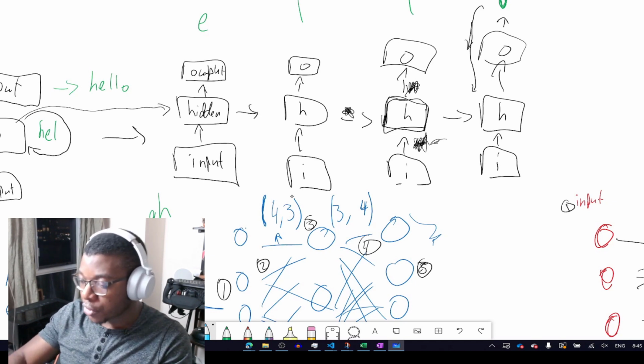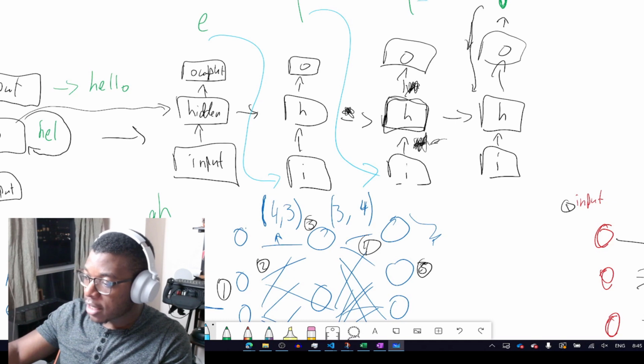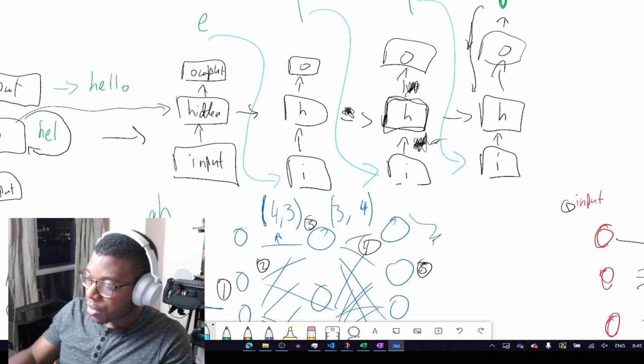So we'll come back, input it in the next time step, and hopefully we want it to output L. Then we'll do the same thing for L. We want it to output a second L, and we'll input that second L, and then we'll want it to output O.